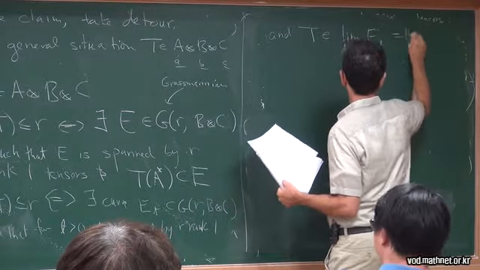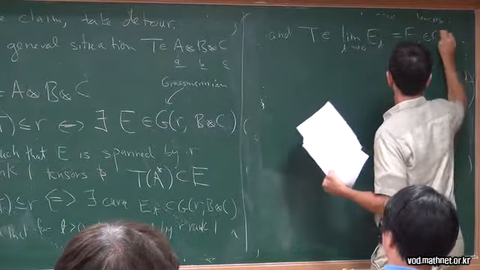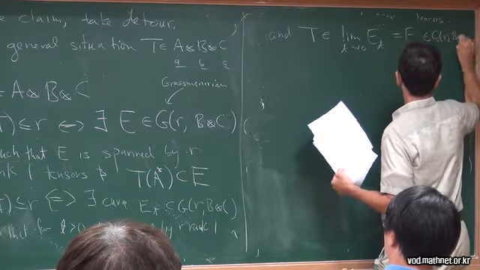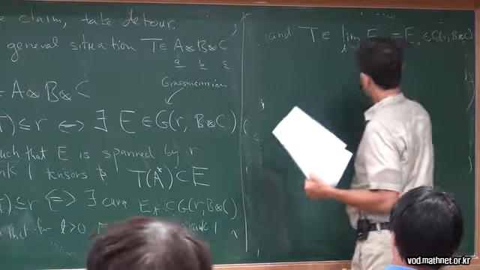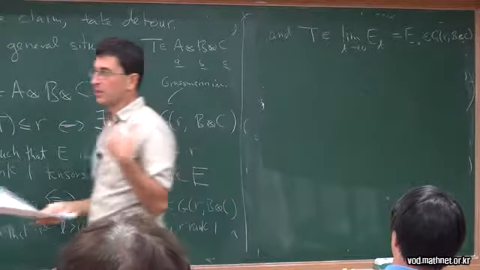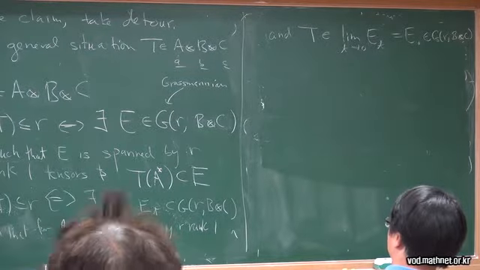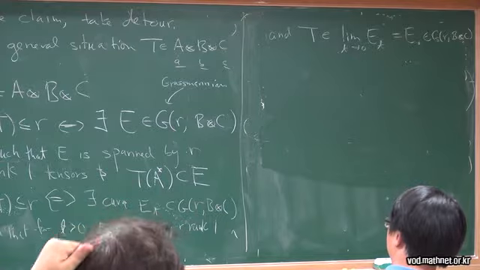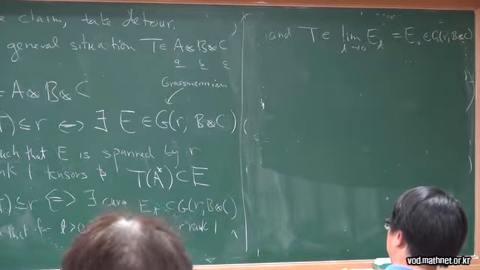We call that E_0 in the Grassmannian. Note that the Grassmannian is compact, so the limit will exist as t goes to 0 as long as the curve is continuous.